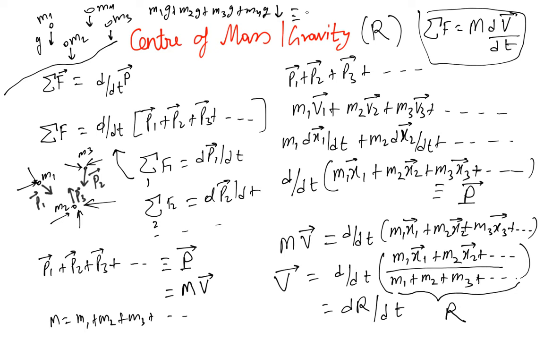You see these are different vectors acting differently, and this is the same as writing Mg, where by this we mean this is the center of mass and this is the total mass. So the left hand side is nothing but a vector sum of all the gravitational forces acting individually on the particles, and it is the same as Mg, where M is the total mass of the system and g is the gravitational field.